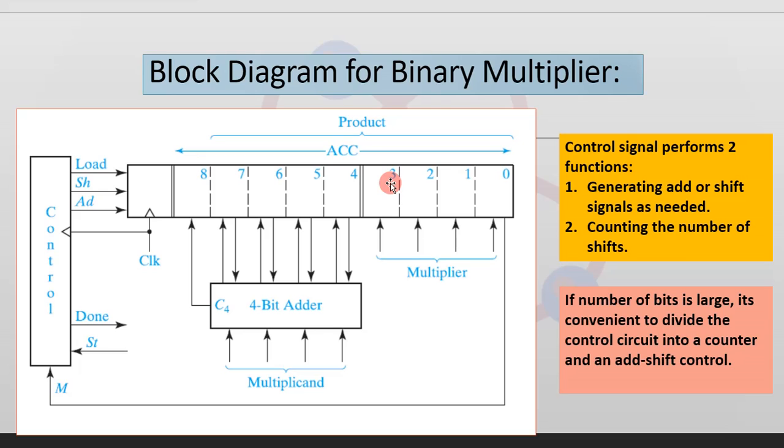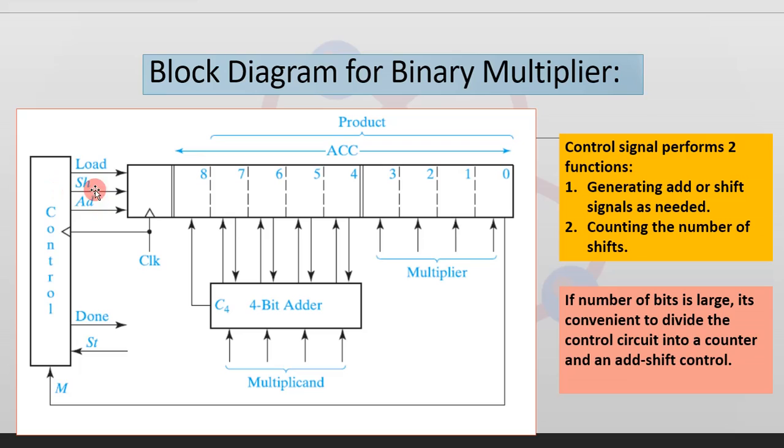As each multiplier bit is used, it will be shifted out to the right end of the register to make room for the addition of the product bits. A load signal will load the multiplier into the lower 4 bits of the accumulator and at the same time clear the upper 5 bits.